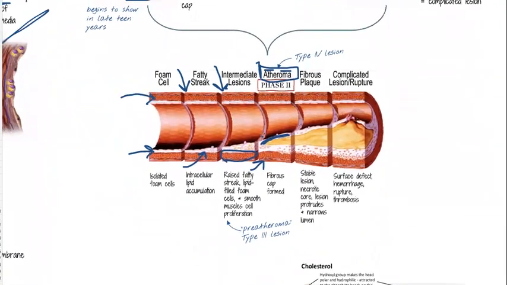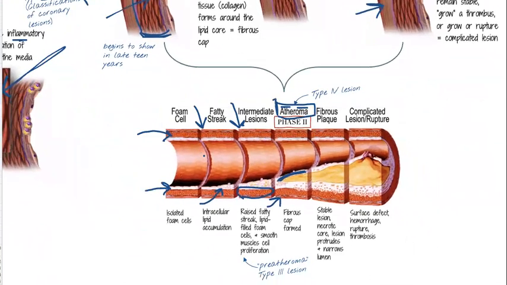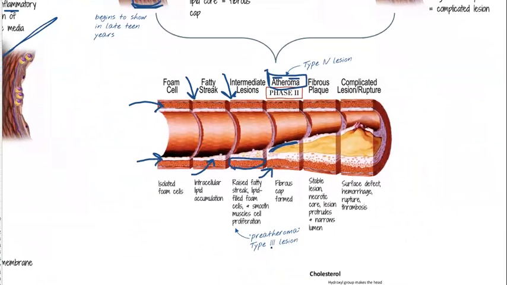So again, you've got those lesions, right? We talked about type 2 lesion, that fatty streak is a type 2 lesion. So when does it become a type 3 lesion? Right around here, where the fatty streak kind of raises and the smooth muscle cells begin to proliferate. And you end up with that type 4 lesion once you actually have that fibrous cap.